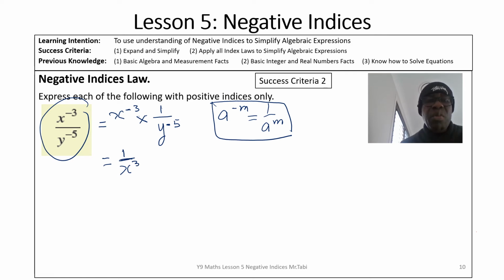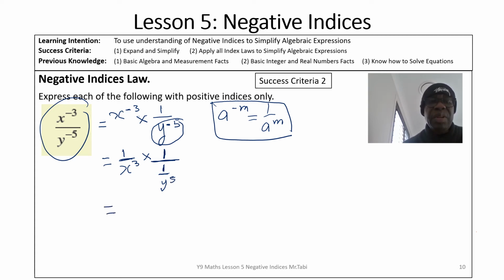And you're multiplying this by, now, at the bottom here, you also have 1 all over y to the power of minus 5, and that is going to be equal to 1 over y to the power of 5.